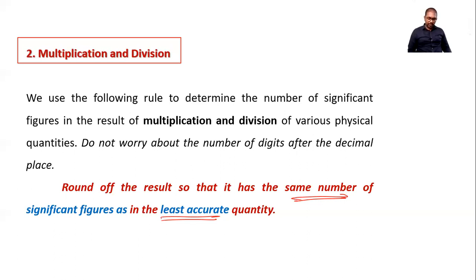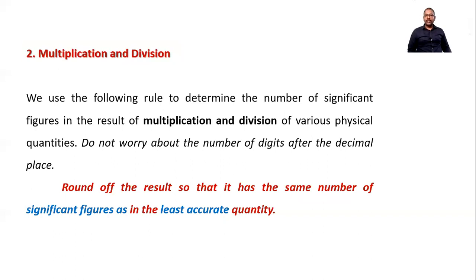Remember one thing here: in addition and subtraction, we found the least accurate quantity and maintained that many numbers after the decimal point in the answer. But here, we find the least accurate quantity and keep the same number of significant figures in the answer.